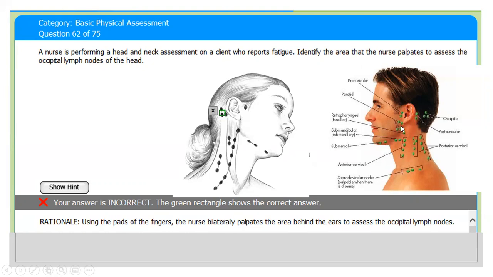These two groups of lymph nodes are called parotid because they are over the parotid glands. This one is called retrotonsillar lymph node, then submandibular, submental, anterior cervical, distal posterior cervical, and supraclavicular. The examiner is asking which one is the occipital, this one.